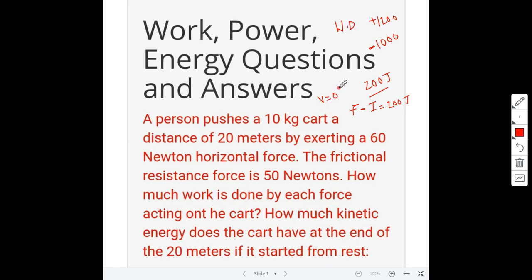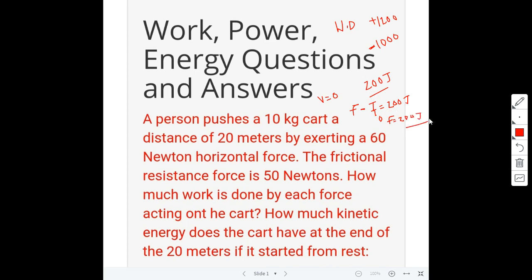Half mv squared, if you put 0 there, your initial kinetic energy becomes 0. Is this clear? So initial kinetic energy becomes 0. So your final kinetic energy is equal to 200 joules. Is this clear?